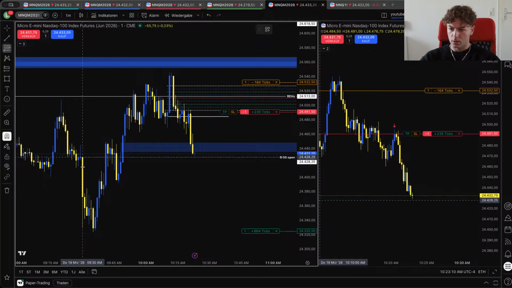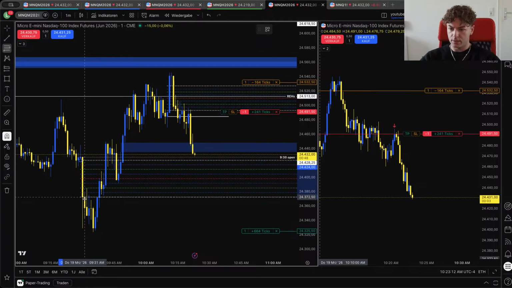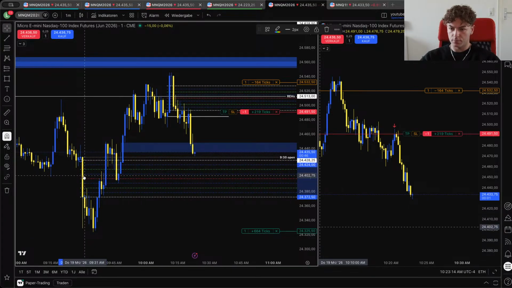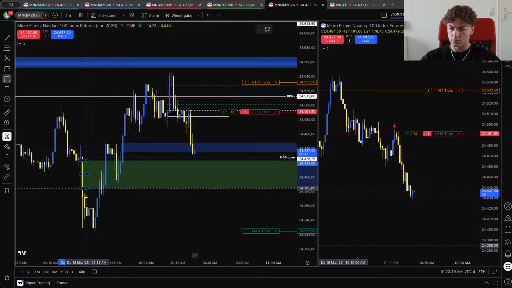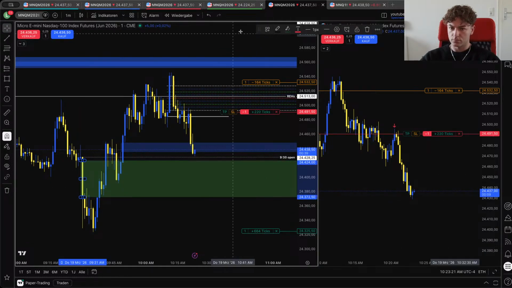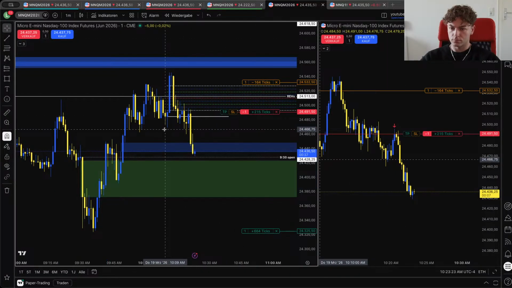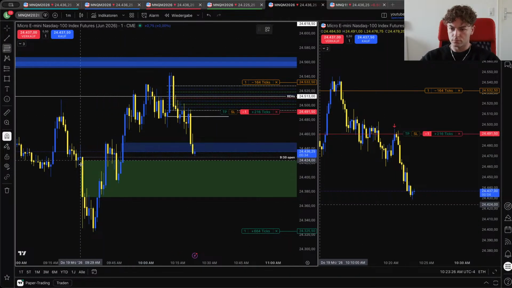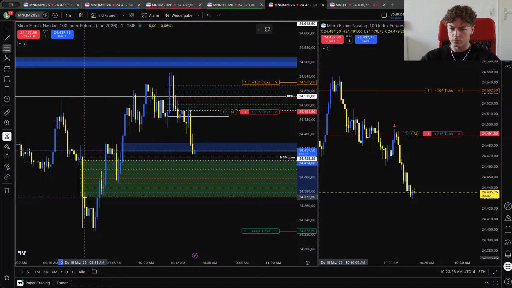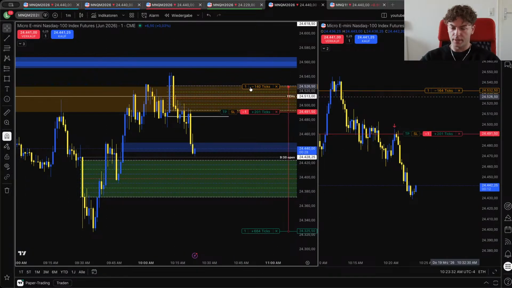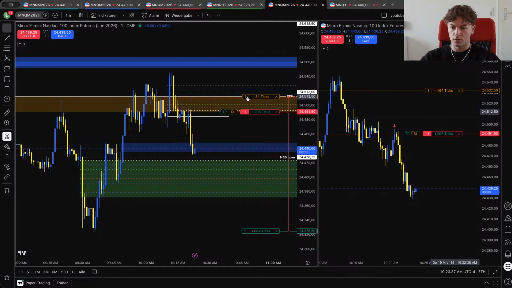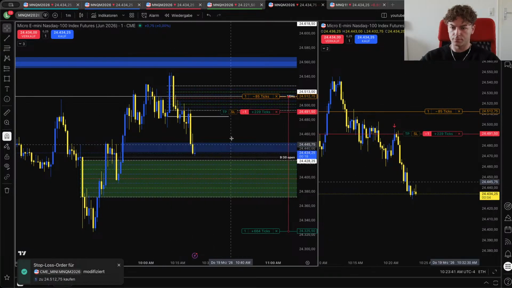Okay, we want to see price digging into this fair value gap. So actually I don't want price to come back up again, so I'm reducing my risk above the midpoint of this inverse fair value gap.